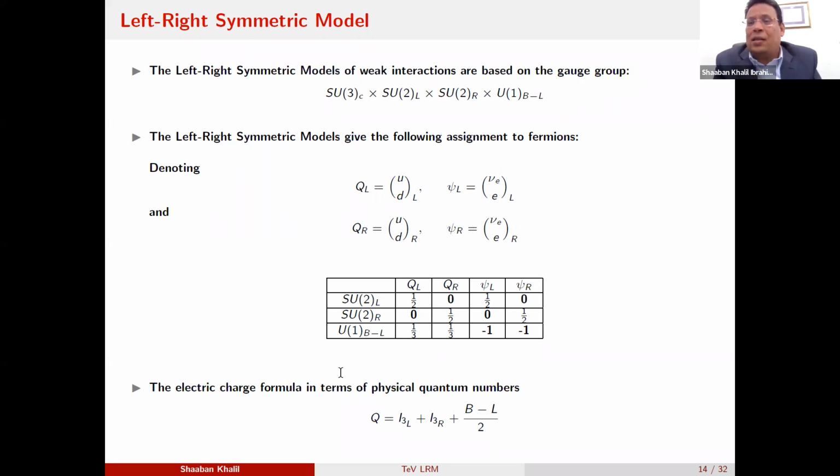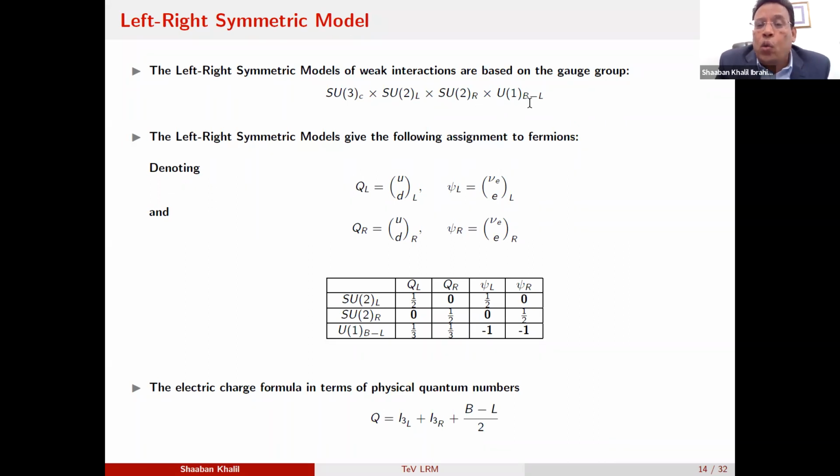Now we do the same exercise, SU2 right, which naturally we now need, times an extra symmetry U1 B minus L. And this is also a very natural symmetry because we know that baryon and lepton numbers are a kind of symmetry which may be exact at high scales and is broken at low scale.